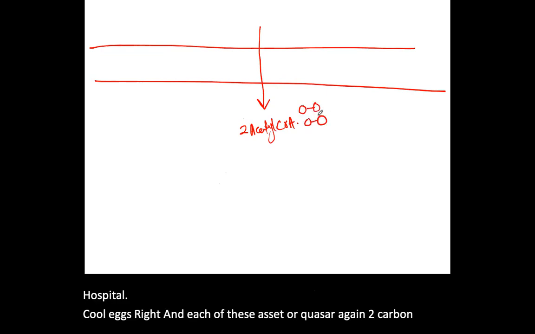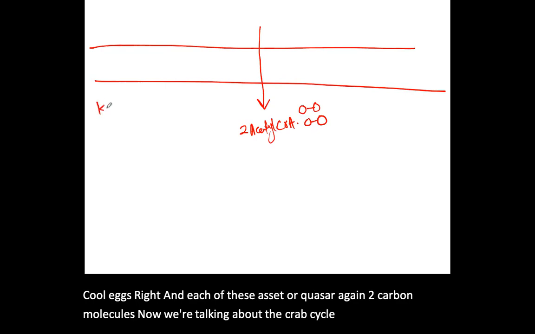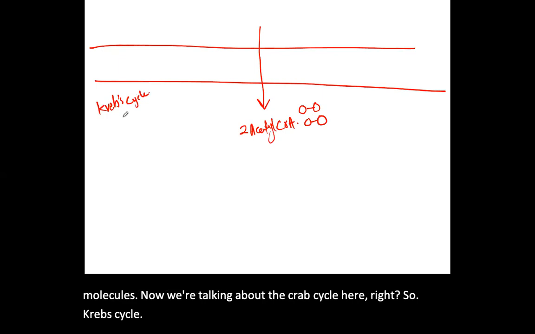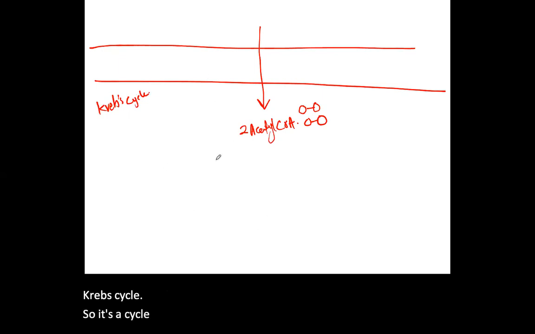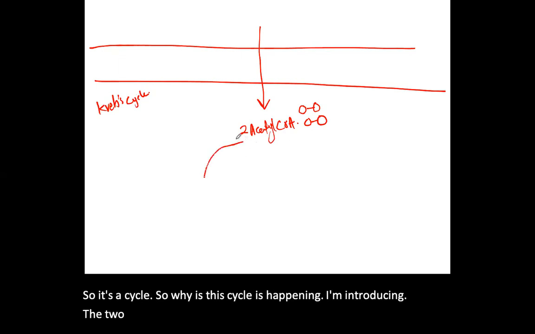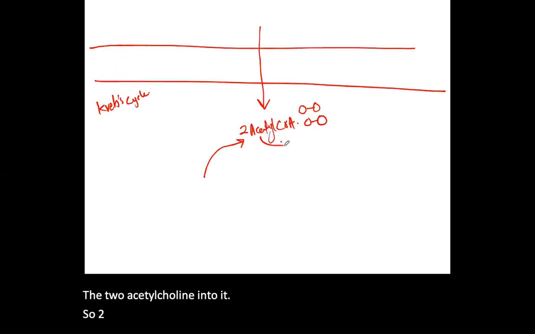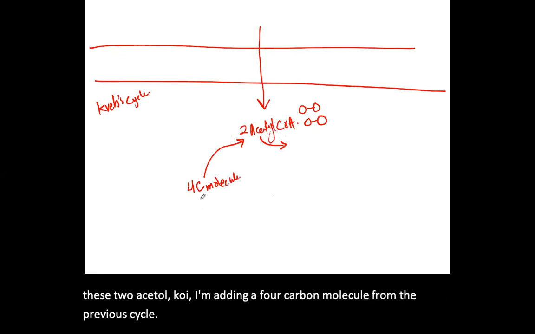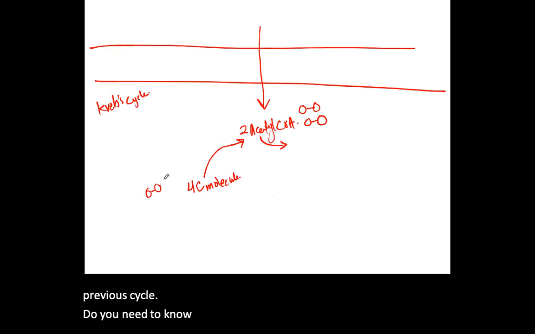Now we're talking about the Krebs cycle here. It's a cycle. As this cycle is happening, I'm introducing the 2 acetyl-CoA into it. And what am I actually bringing with these 2 acetyl-CoA? I'm adding a 4 carbon molecule from the previous cycle. Do you need to know what this 4 carbon molecule is?